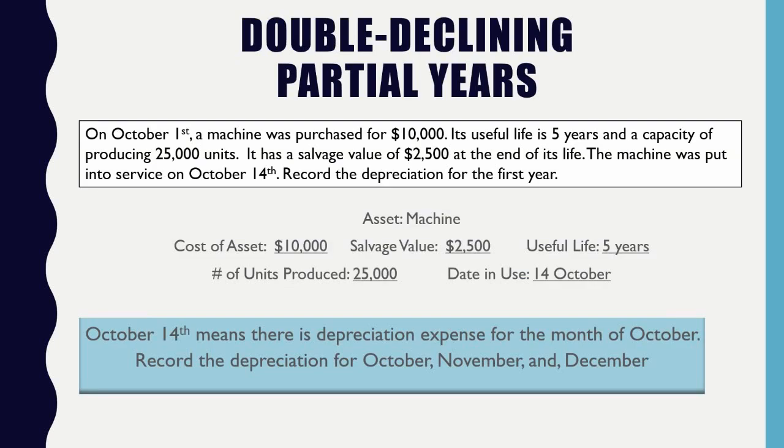So then, now this is where I'm going to talk to you about what partial years are and how it affects calculations. Okay. So we know that when we're using double declining, because we are depreciating the asset twice as much, right?